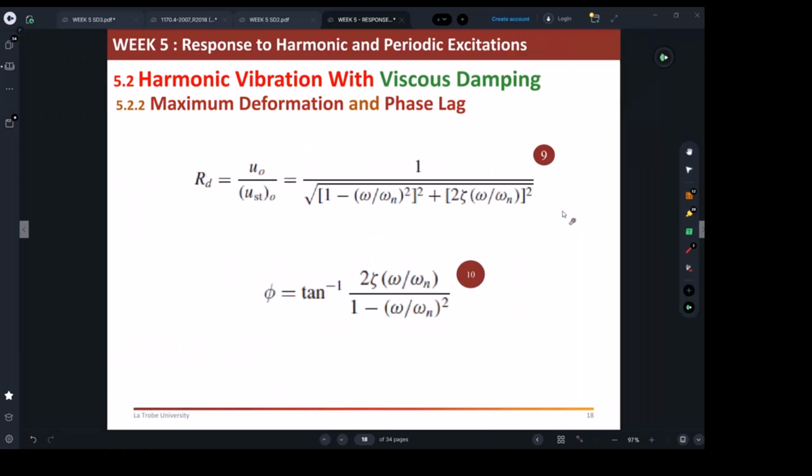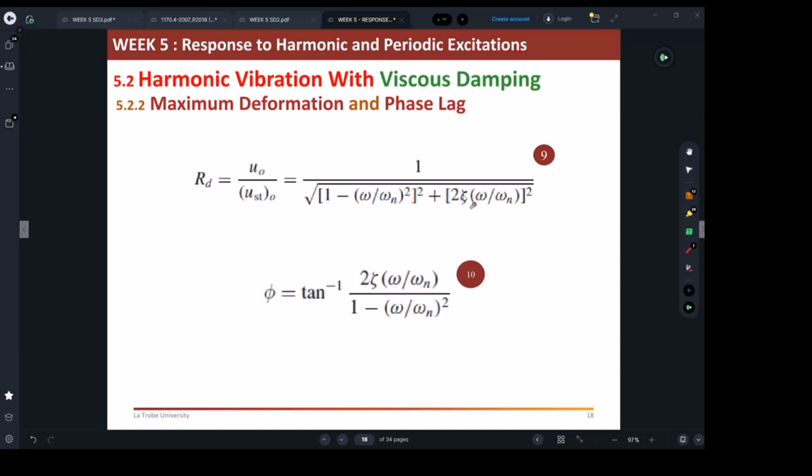By rearranging equation 8, we can have a much more friendly relationship where you can directly find RD, the deformation response factor, which defines this ratio, dynamic over static, as shown here. It was also possible to include the damping, and we will see next how critical damping can be.